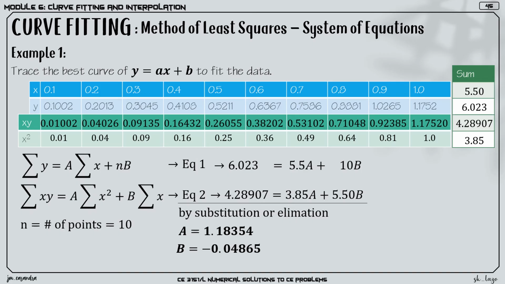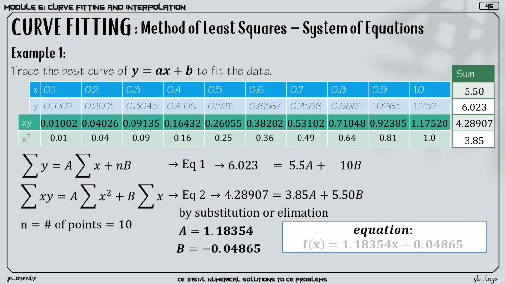So meaning, the equation that would best fit our given data is f of x equal to 1.18854x minus 0.04865.